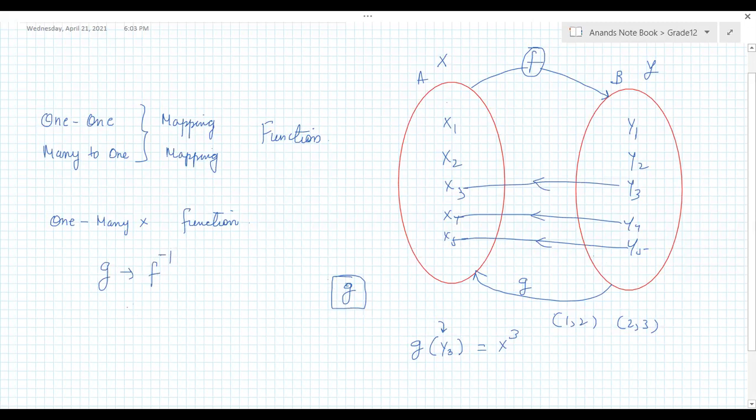We have also seen in the relations and functions topic, if f of g is equal to Ix and g of f of x is equal to Iy, this is Ix, this is Iy, then we say that g is the inverse of f.